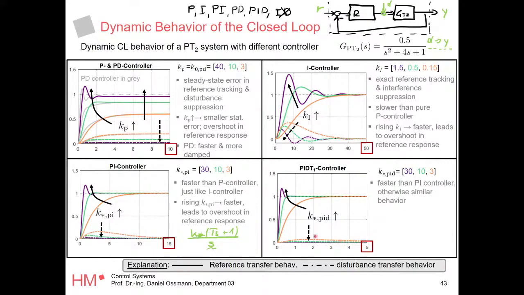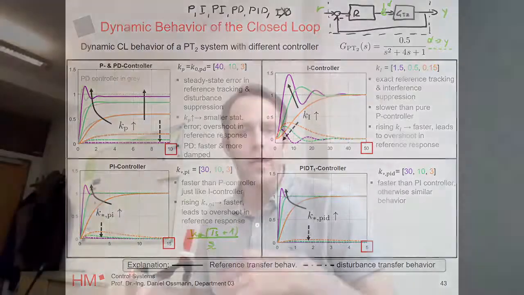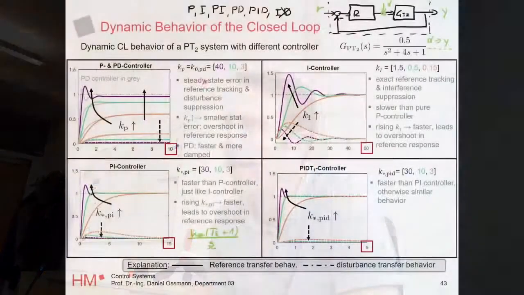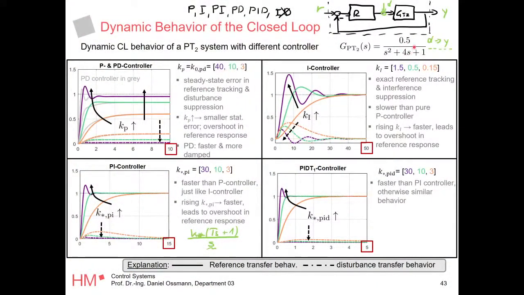So this is actually the way you would also design a controller, right? To be fair, controller design is not like I'm looking at the system and I know immediately what controller I need. It's an iterative process. Most of the time, if you have a lot of experience, you immediately know that a proportional controller is probably not the good thing here. But you can always start with a proportional controller.